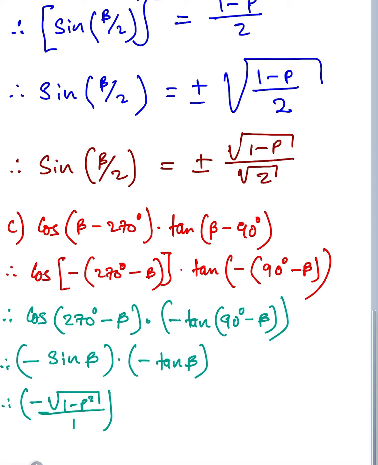These negatives, they cancel out, so I might as well cancel them, or if you want them, just put them so that you see their transition. So this will then mean that it is a sine of a beta multiplied by the tangent of a beta. So when I substitute this value, you see that that one is for a sine of a beta. I'm now going to multiply by the value of the tangent of beta.